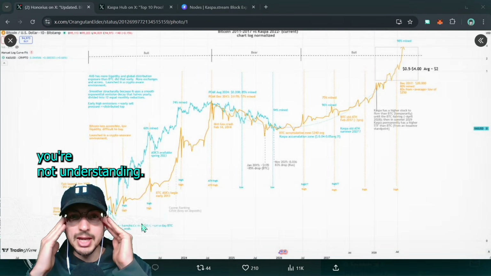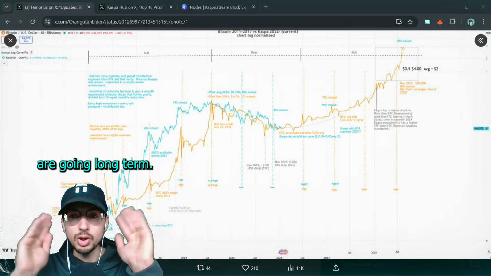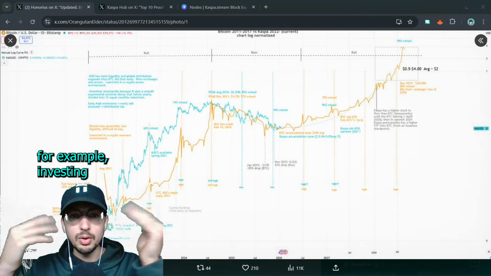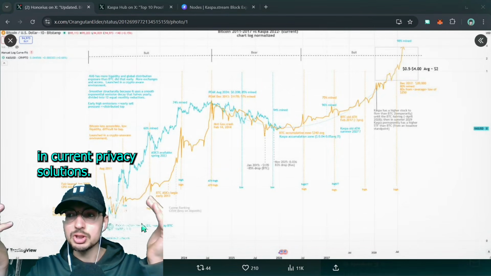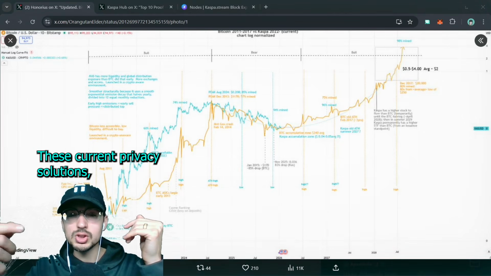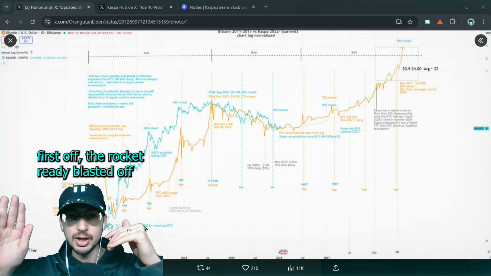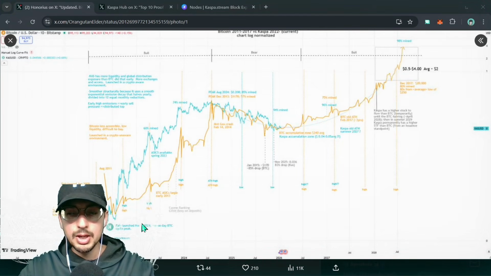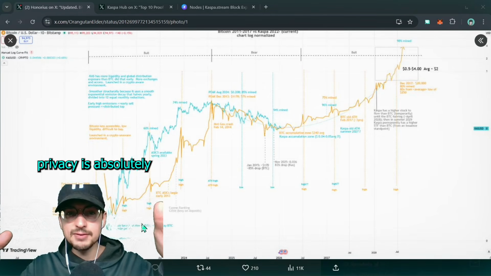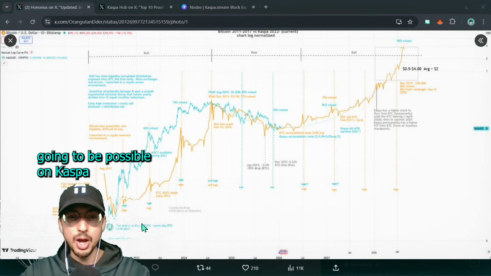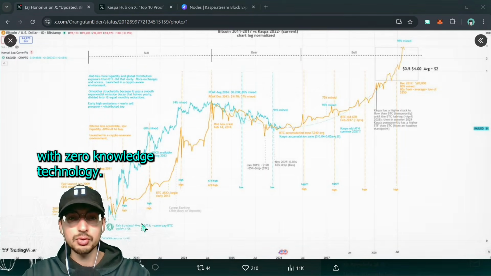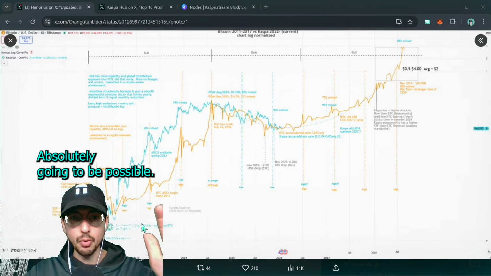You're not understanding the technology of Kaspa going long term if you are, for example, investing in current privacy solutions. These current privacy solutions, first off, have rocketed and blasted off on extreme FOMO. Now, this privacy is absolutely going to be possible on Kaspa with zero knowledge technology. Absolutely going to be possible.